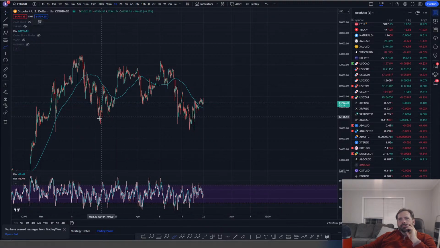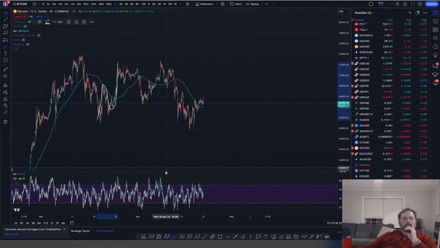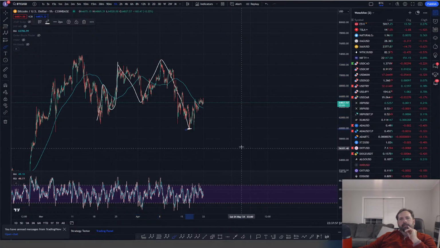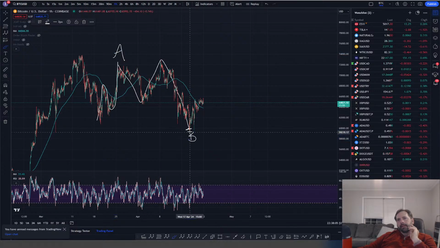What if this was 3 waves and now this was a flat that finished right here? And that's an A, and that's B. Okay, and now we're going up.